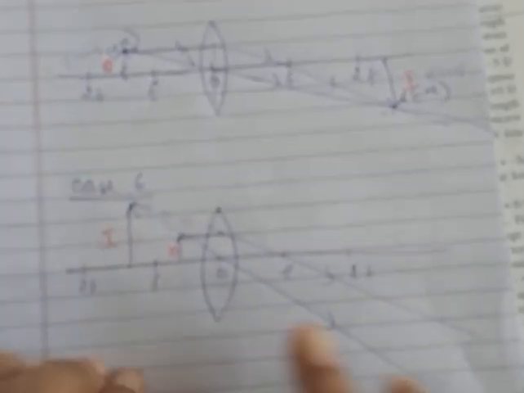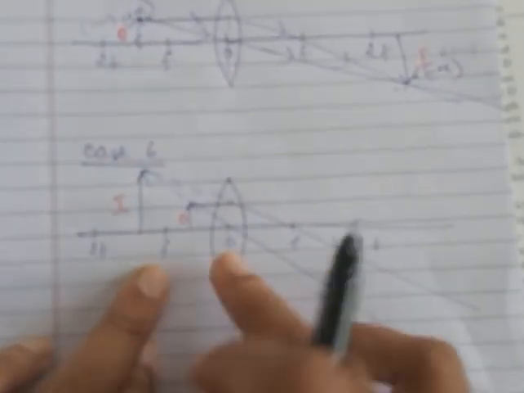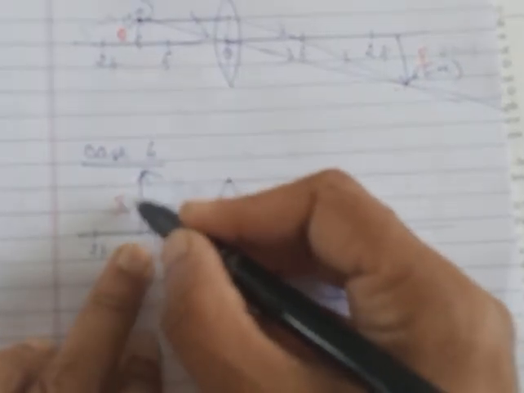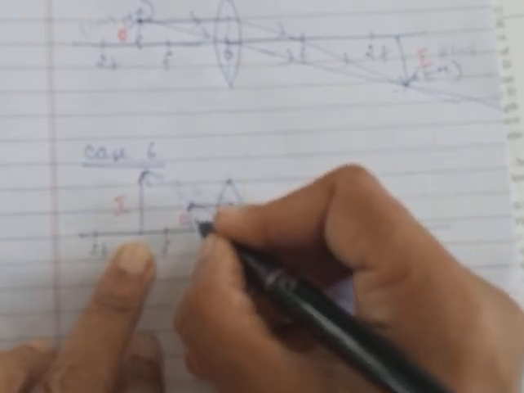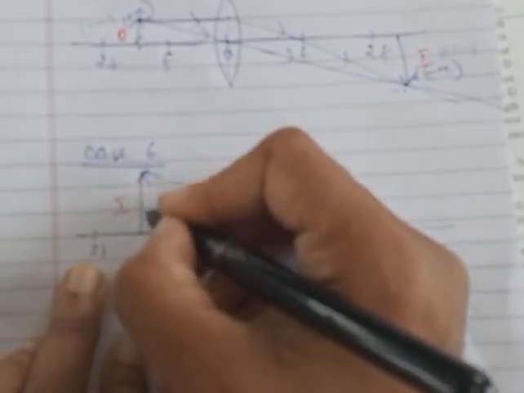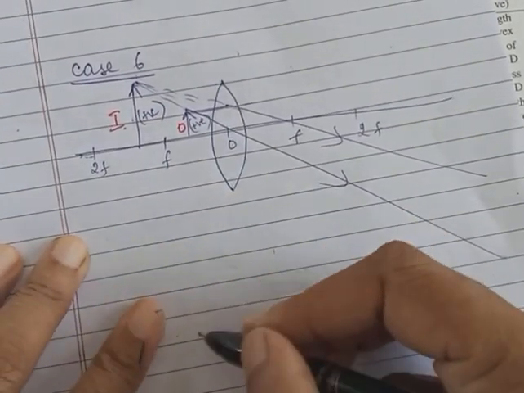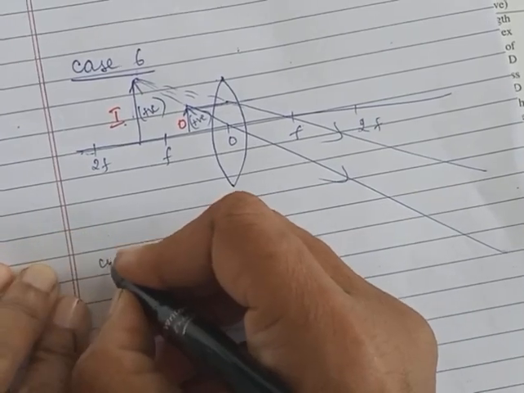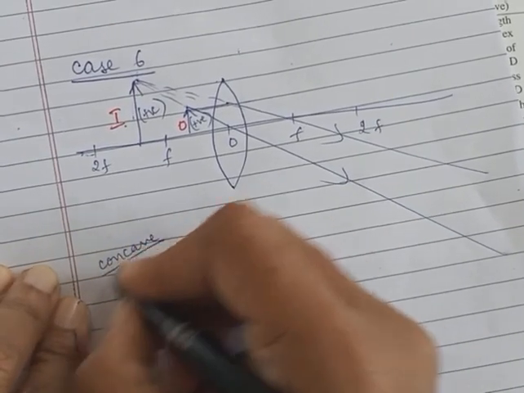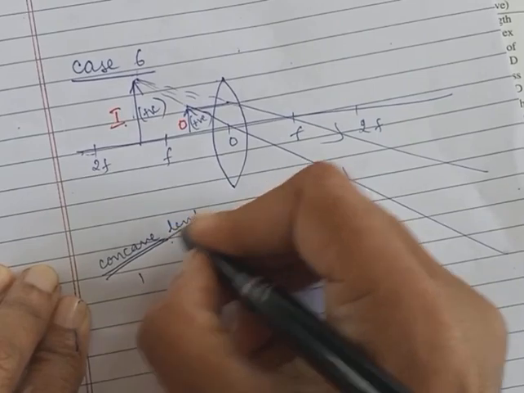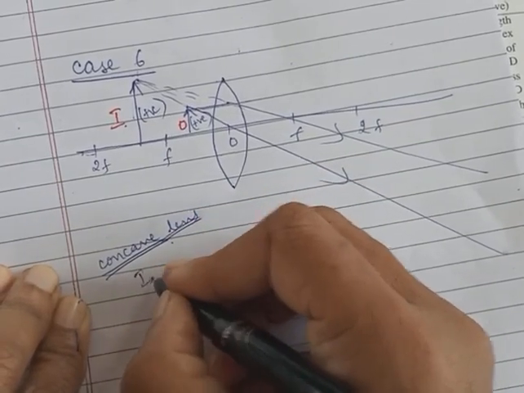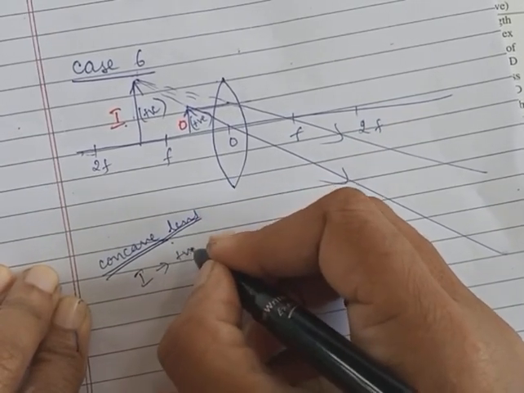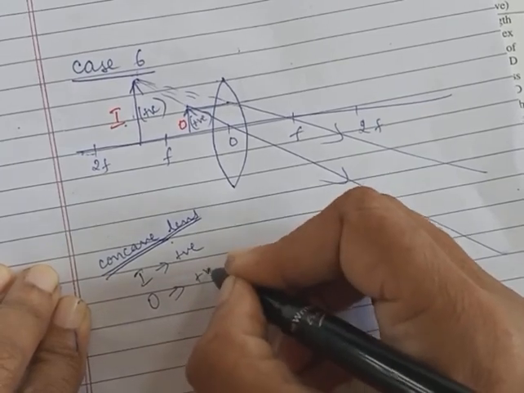Is it clear, children? What about the 6th case? In the 6th case, both object and image are at the top, so both will be positive. Even for concave, both object and image will be at the top, so both will be positive again. So for a virtual image, object and image height both will be positive.